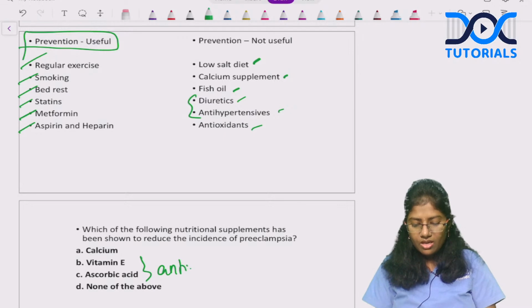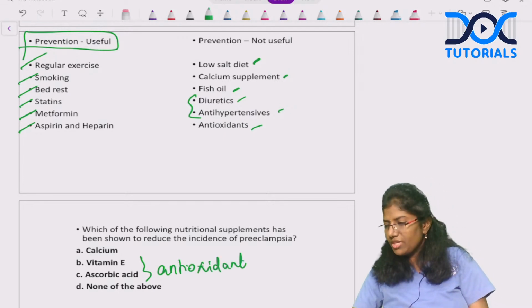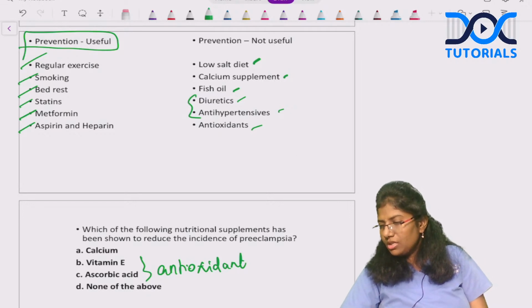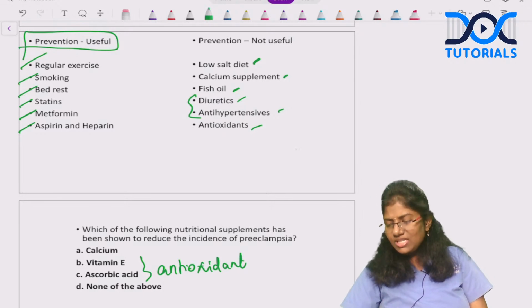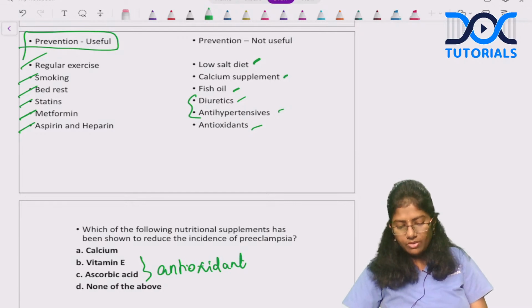Do they really help? Come on guys. No, they don't. It is just a simple FMG level question. None of these nutrients help.